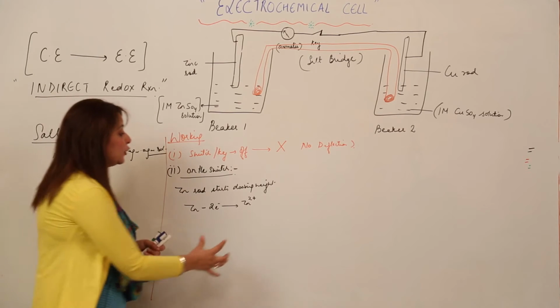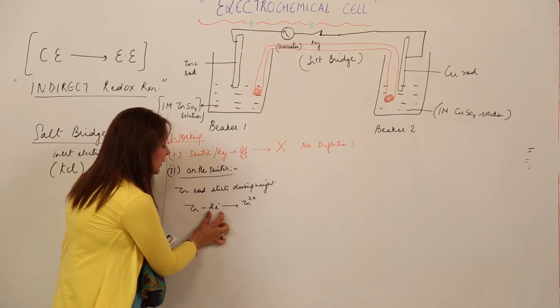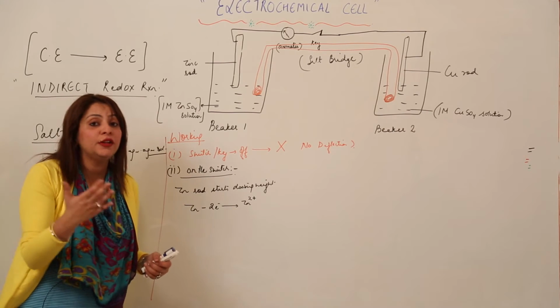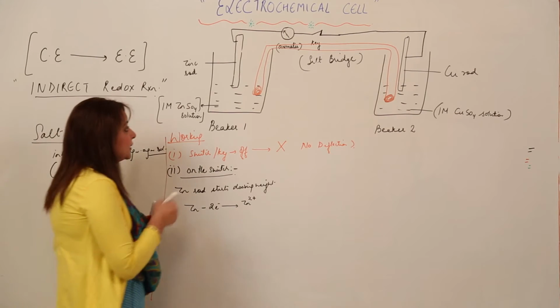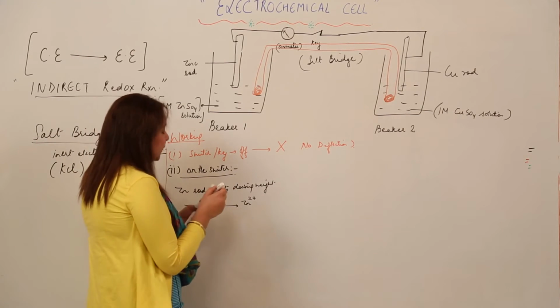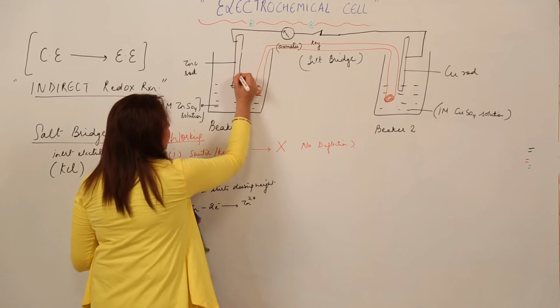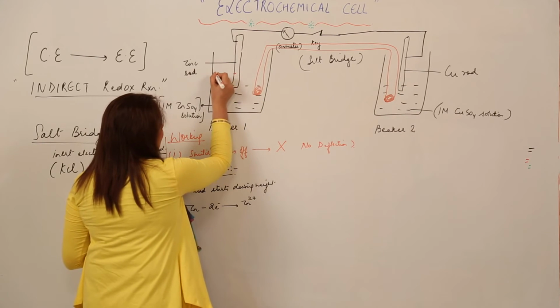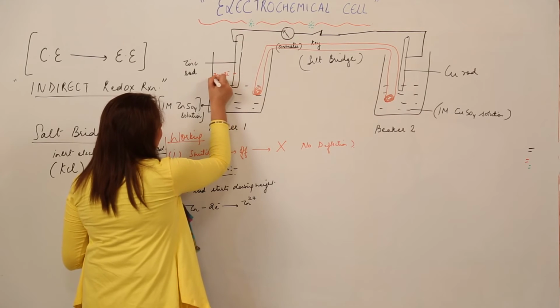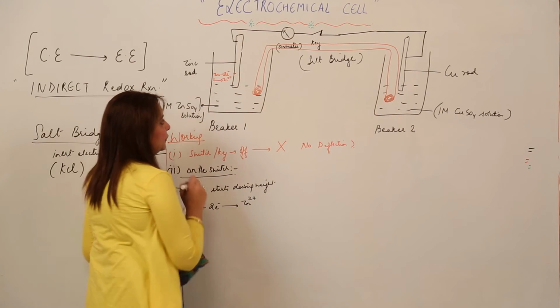Now what is the fate of these zinc ions and what is the fate of these electrons? I mean, where will they go now? See, I'll write here in the figure also because it will be more clear to you. The zinc is losing 2 electrons and forming Zn2+, right?